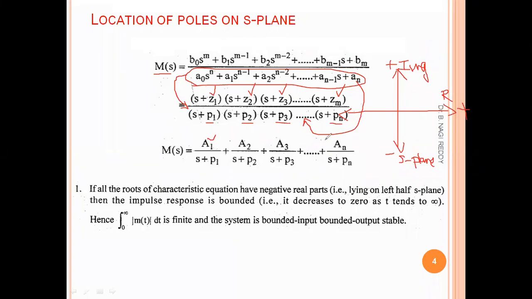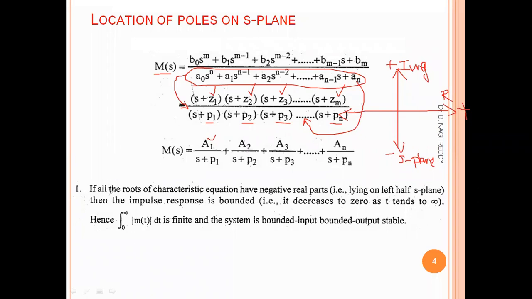A1, A2, A3 are the factorization constants. We have seen three different cases for the factorization in the second unit. Using any of those three cases, we can simply determine the poles. And if we locate the poles on the S plane, then we know how to determine the stability.